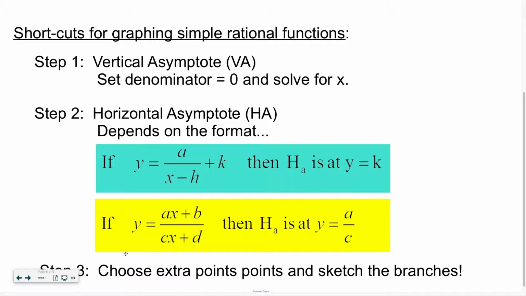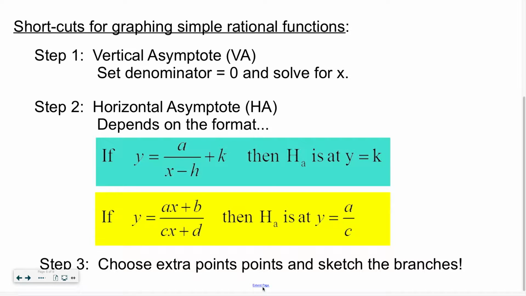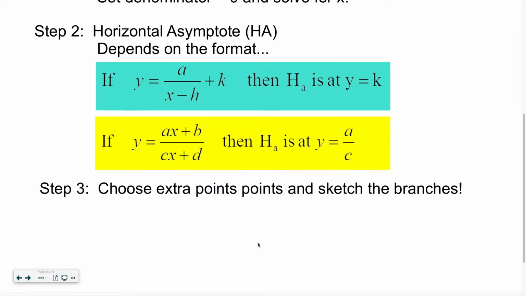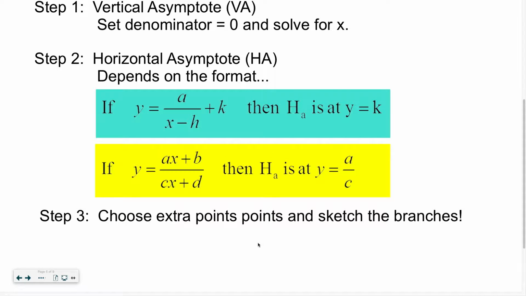Step 2 is kind of like the crossroads. It depends on which form you have. You're going to find a horizontal asymptote. If you have the form with A, H, and K's, your horizontal asymptote is at y equals K. Because think about it, that K is your vertical shifting.